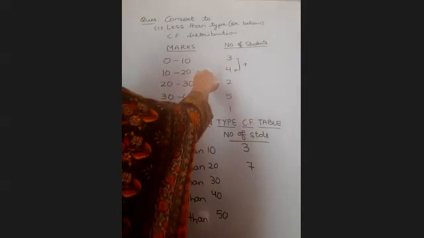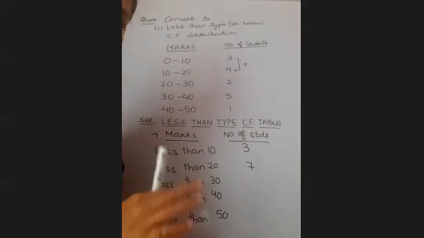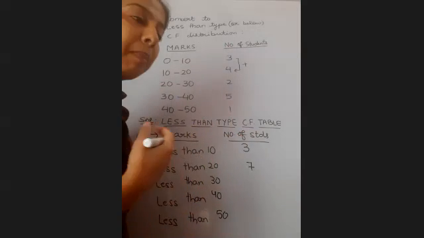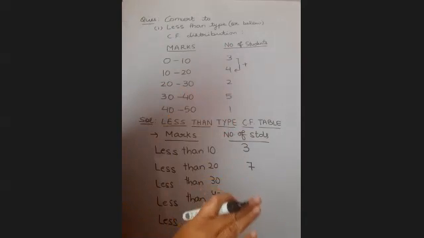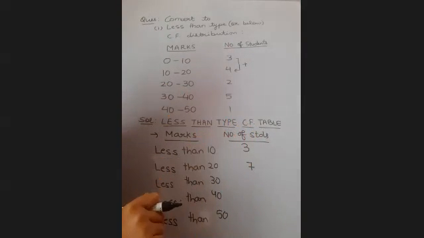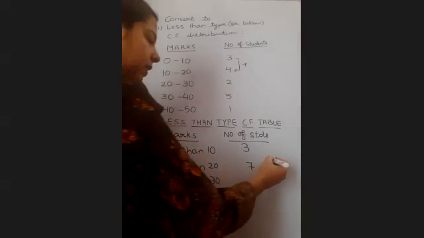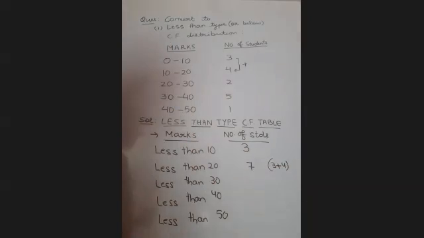Will those also stand up who have got 5 marks or 7 marks or 8 marks? Yes, ma'am. Because ma'am gave the instruction less than 20. So less than 20 means anything from 0 to 20. So to 3 we added 4 and we got 7. Are you clear, children?